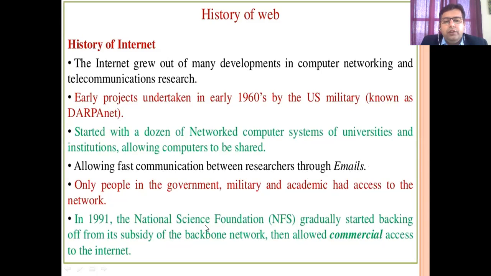Then in 1991, the National Science Foundation gradually started backing off from its subsidy of the backbone network, and then allowed commercial access to the internet. So when it was introduced earlier, at that time it was allowed only to government, military, and academic persons, right? And after that, in 1991, it was openly available for commercial purposes as the internet.